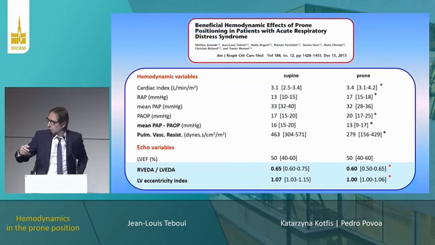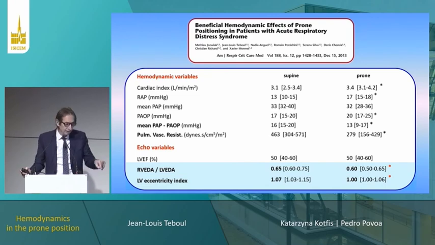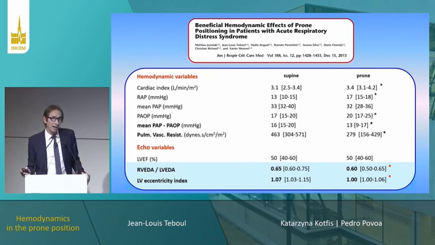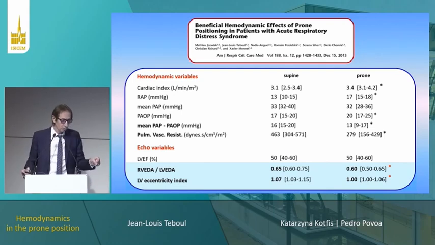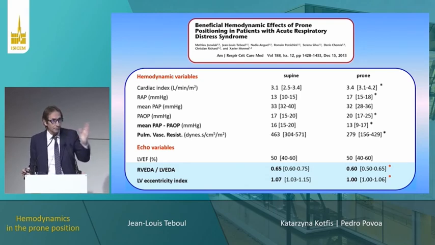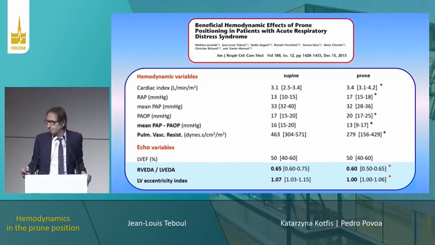In this paper I talked about already, we also used echocardiography, and we looked at the RV endsystolic area over LV endsystolic area ratio, which is a good marker of RV function, which decreased with prone position. And the LV eccentricity index, which is a marker of the septal shift, also improved with prone position.